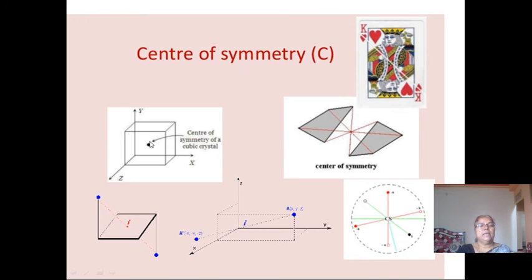In this diagram, this point is in the center, and the distance of this plane from this point, this plane from this point, and this plane, they are equidistant. This is the center of symmetry of a cubic crystal. This is also a center of symmetry. This is also the center of symmetry.